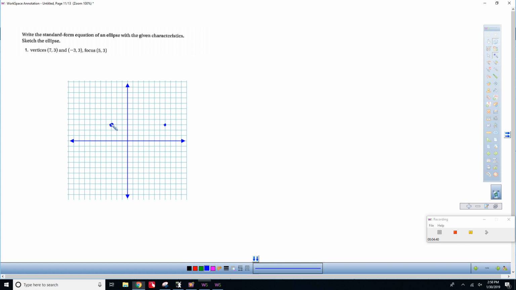I think those are our major axis vertices, so it's horizontal. So it's x squared over, how many is this, 1, 2, 3, 4, 5, 6, 7, 8, 9, 10, so x squared over 25 plus y squared over b squared equals 1.